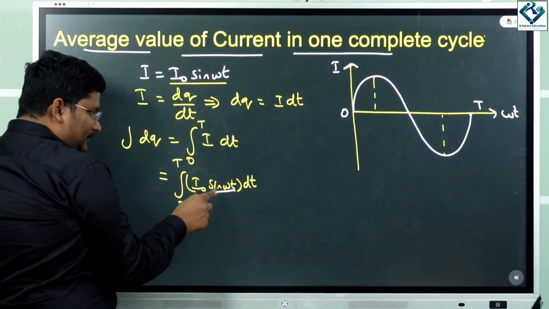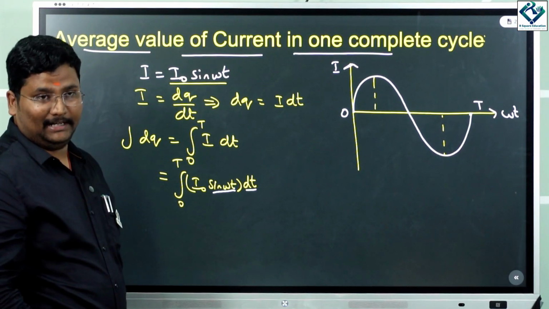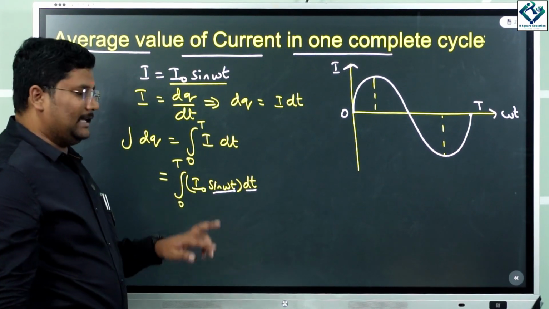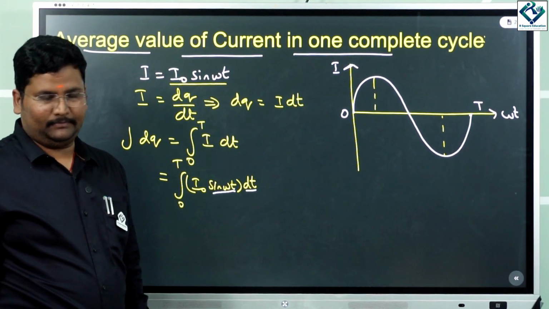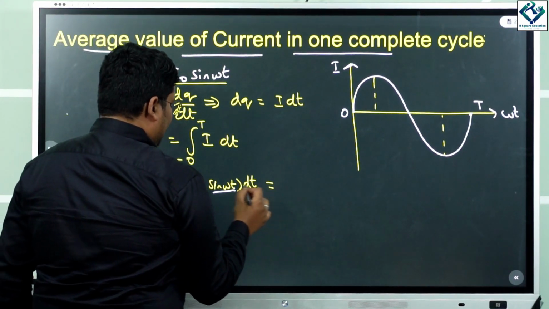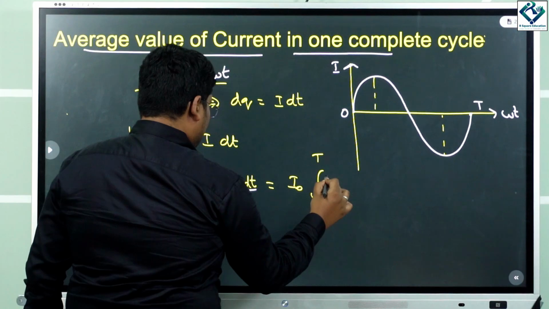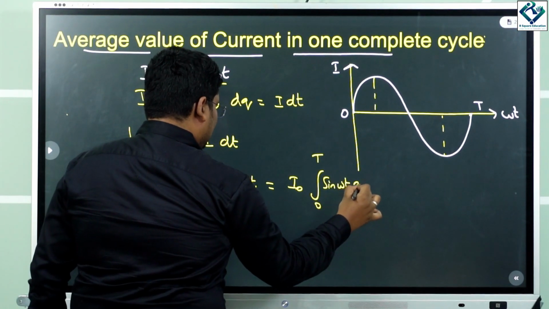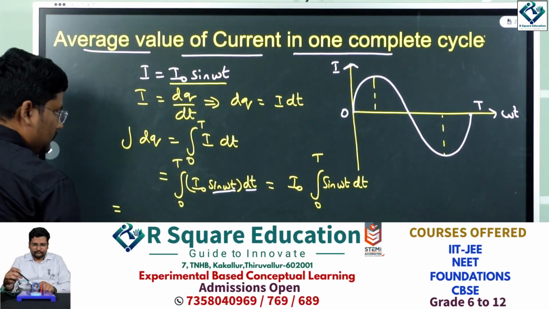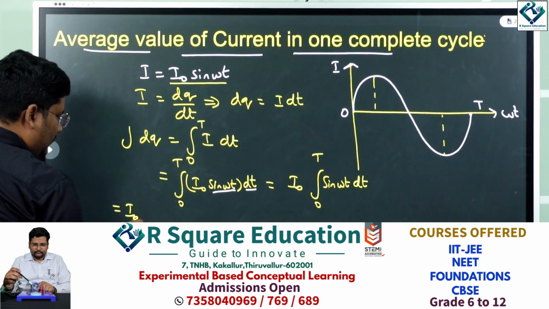You are going to integrate sin omega t with respect to time. Now can I take I naught out? Integral from 0 to T of sin omega t dt. So when you integrate sin omega t, what will you get?